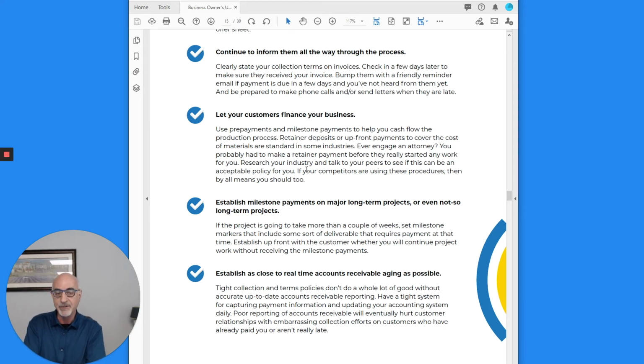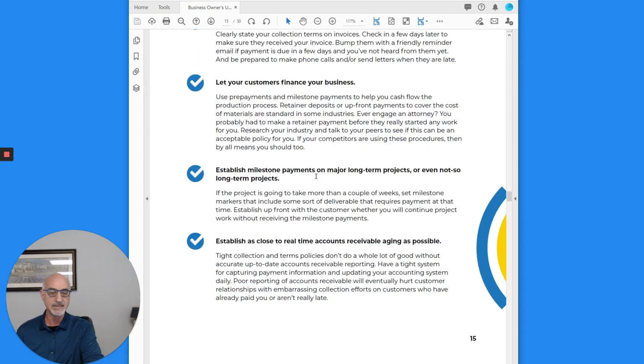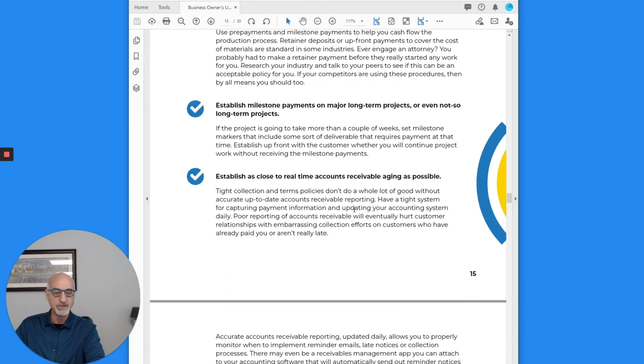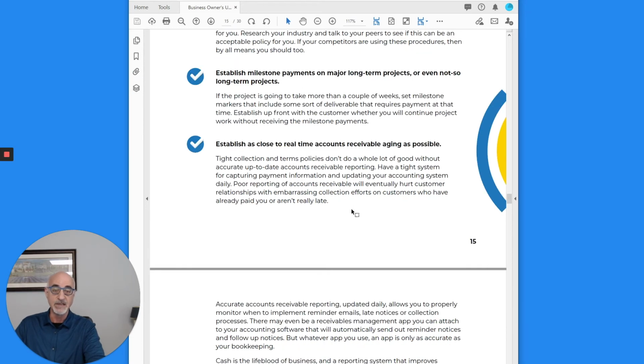And there may be milestones throughout the project where you expect to get paid another lump sum when the project's 25% done, 50% done, whatever the case might be. That's establishing milestone payments, and again, allowing your customers to help you finance your business. If it's standard in your industry, go for it. Make sure you're taking advantage of those types of terms.